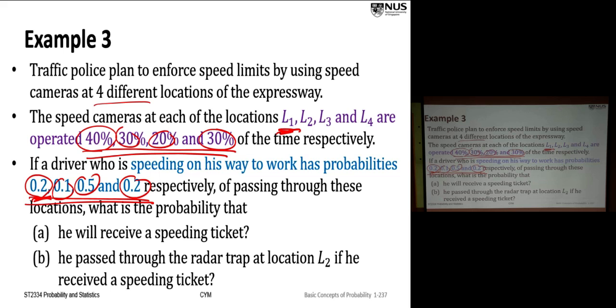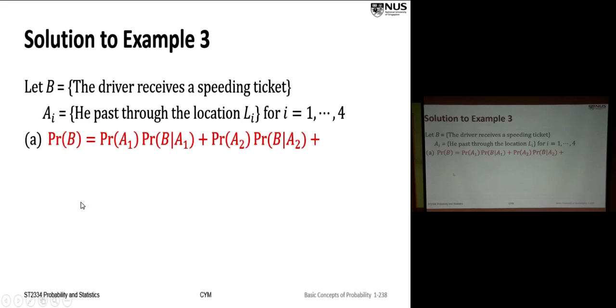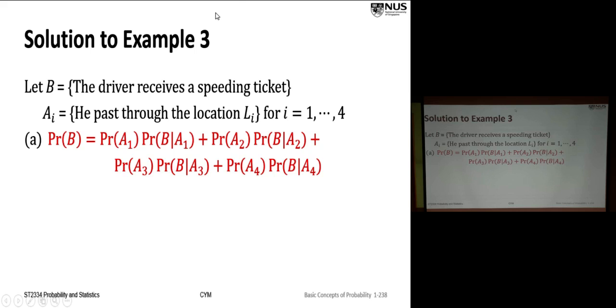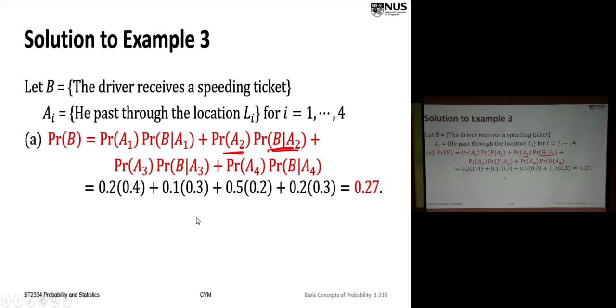That's why we have to add up all of these, passing through A1, A2, A3, and when you pass, you're speeding. The first term means you pass through location L1 and are speeding, and similarly pass through location 2 and are speeding. Altogether, you work out the chance of speeding: 0.27.